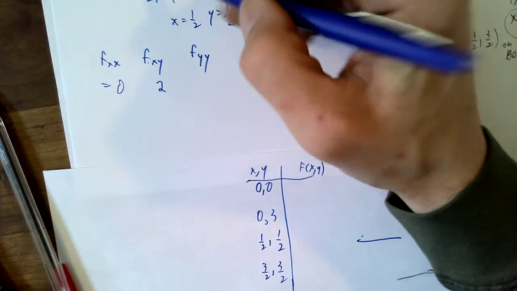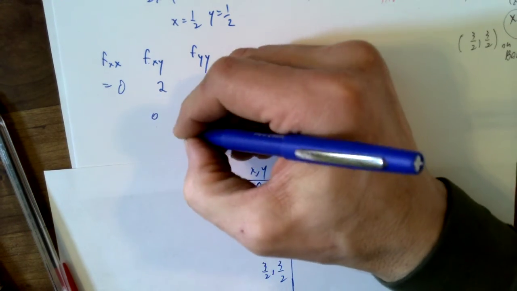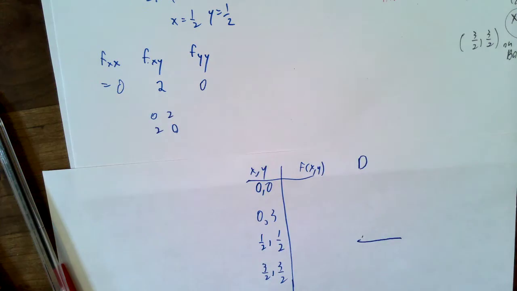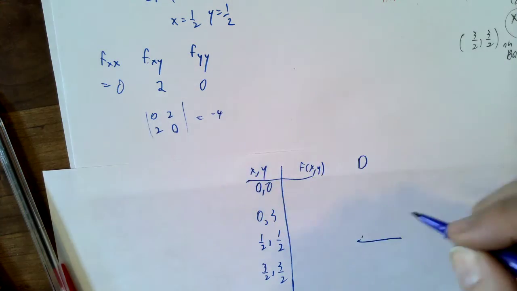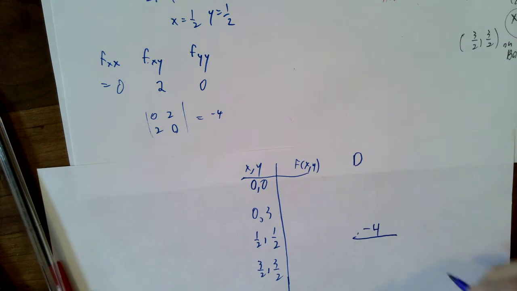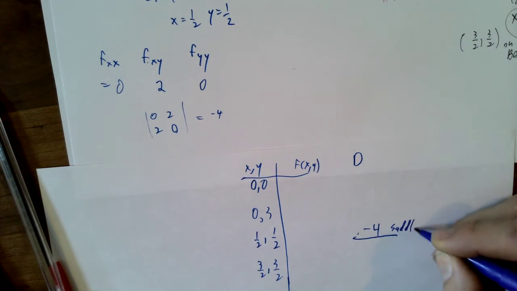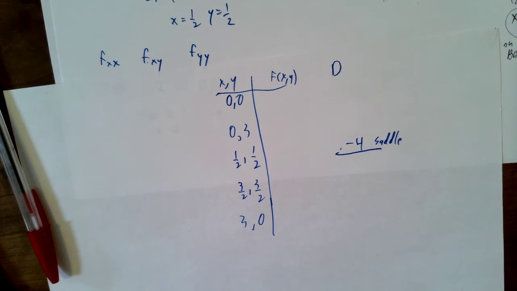The derivative of this with respect to y is also 0. So my little determinant thing would be 0 times 0 minus 2 times 2, or negative 4. So the d thing is negative 4 there. So that's a saddle point. If it comes out less than 0, it's a saddle and not a max or a min. So it's not going to be an absolute max or min either.